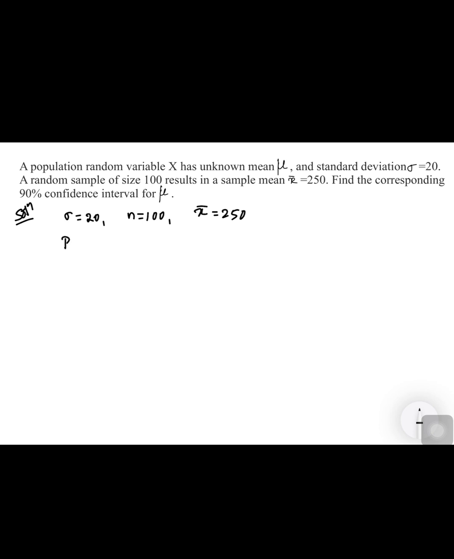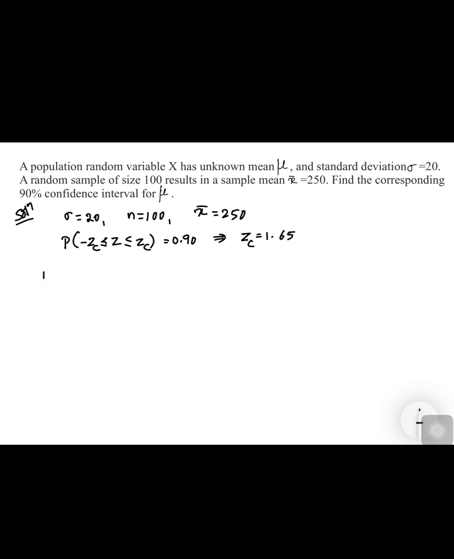At 90% confidence interval, we need the probability of z lying between minus zc and zc to be equal to 0.90. So this implies the critical value is equal to 1.65.